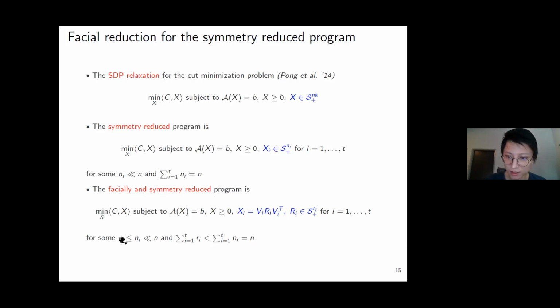So each matrix variable Ri is going to be a smaller cone than Ni, and the sum of them is going to be strictly smaller than Ni.